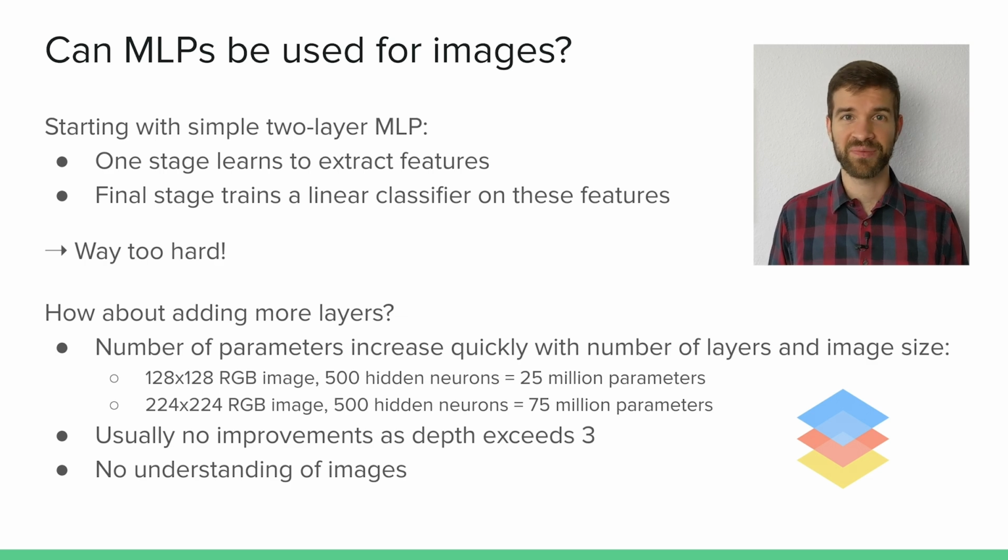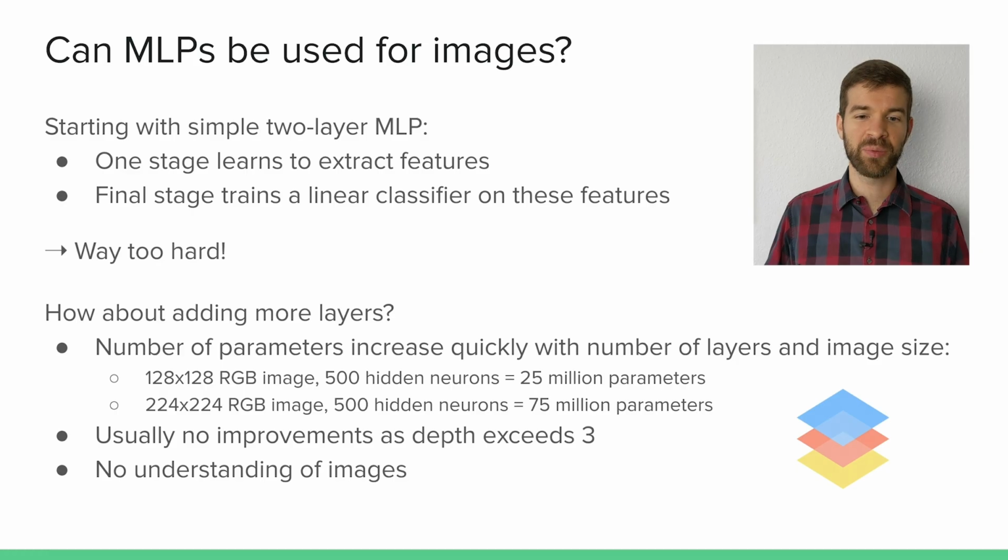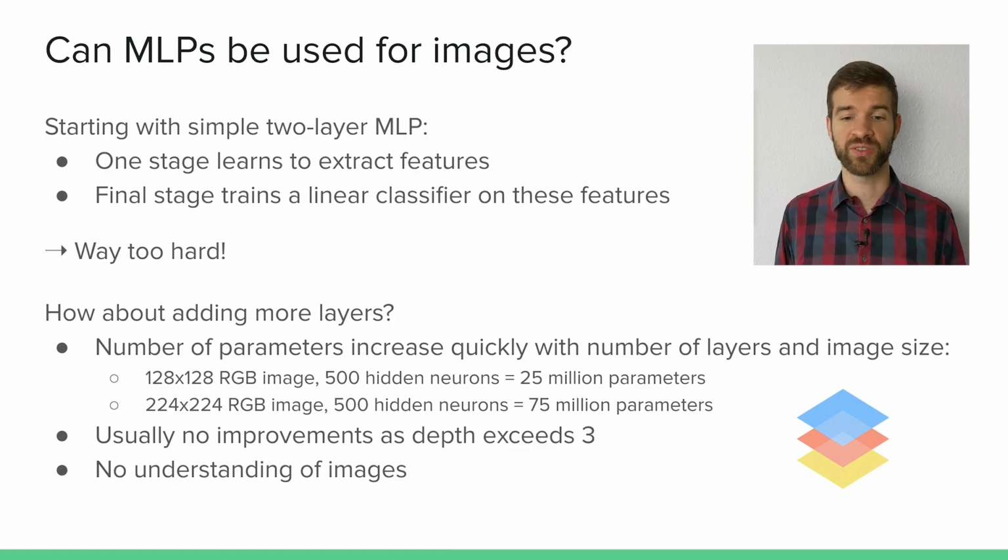And this scales exponentially, as you can see here. So if we double the size of these images with 500 hidden neurons, we already have 75 million parameters. And this quickly explodes. If we add more layers, we would blow up really, really quickly.